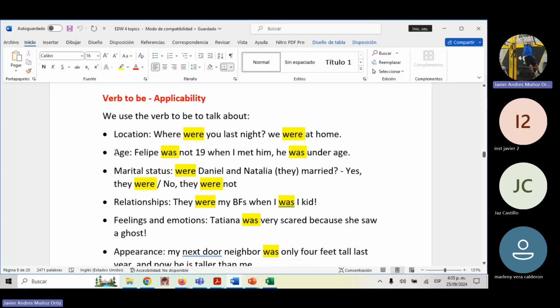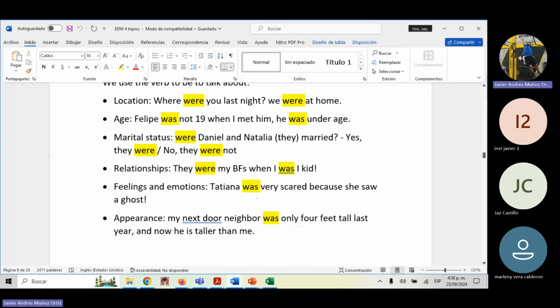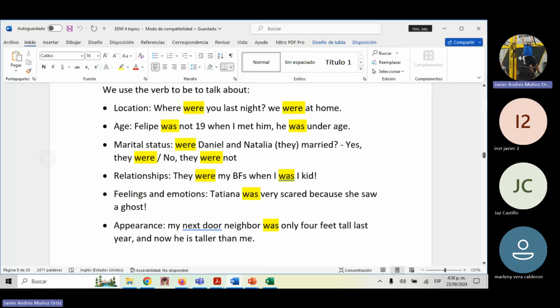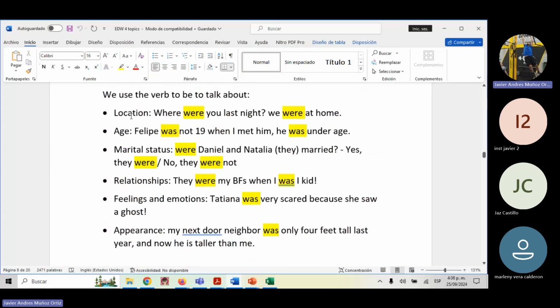For age, the same happens. For example, we could say she is 19 years old, but in past it would be she was 19 years old. When? Last month, because today she is 20 years old, for example, right? So the only change is with the verb to be, the conjugation of verb to be, because the reasons why we study verb to be in past are the same for locations, age, marital status, single, married, and so on.